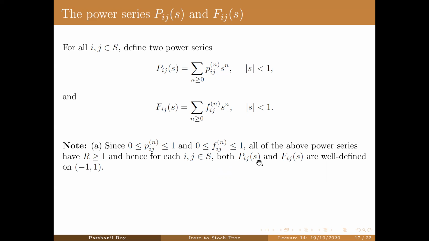They may not be strictly between 0 and 1, but they're always between 0 and 1. Therefore, because of our observation, the radius of convergence is bigger than or equal to 1. It can be infinity, but it's bigger than or equal to 1. Hence, in the interval -1 to 1, this is a well-defined function. So P_ij(s) and F_ij(s) are well-defined on this open interval.